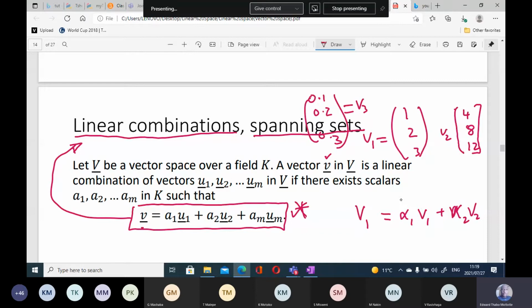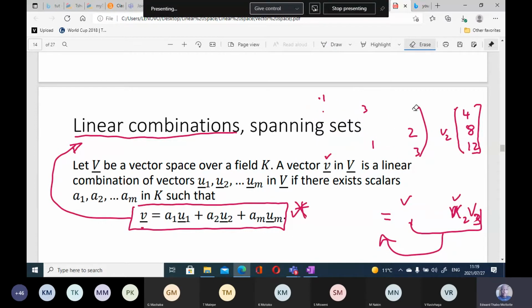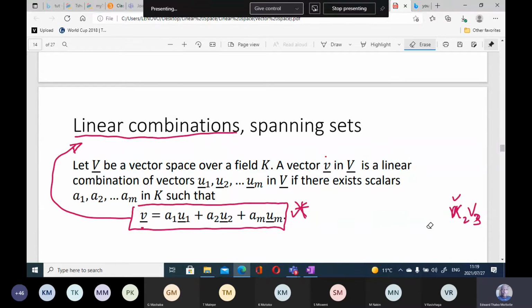So what you have to do is determine scalars, numbers that you can multiply V1 and V3 with and end up with V2. So I'll show you how to do that. Let me not confuse you. I'll show you in a formal way, because this one might work, it might not work, and it will confuse you. But what is important is that every time they ask you to do a linear combination, that will be the formula that you are going to use.